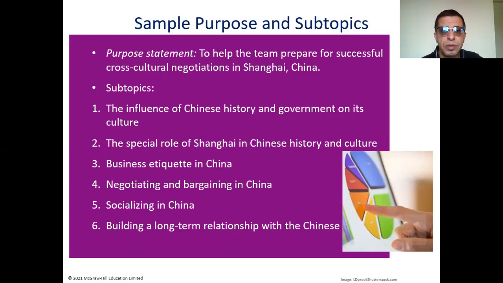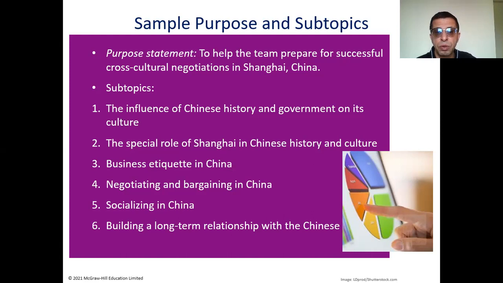There is a sample of purpose and subtopics. We can look at this purpose statement: to help the team prepare for a successful cross-cultural negotiation in Shanghai, China.